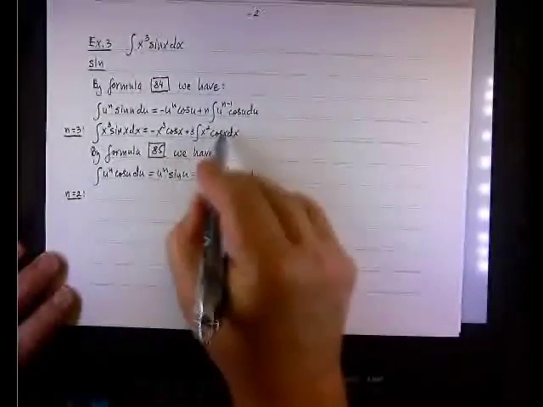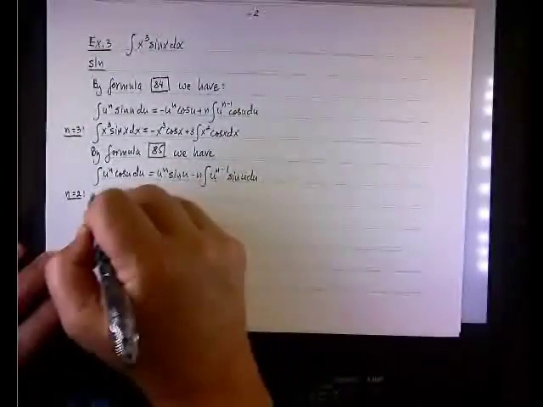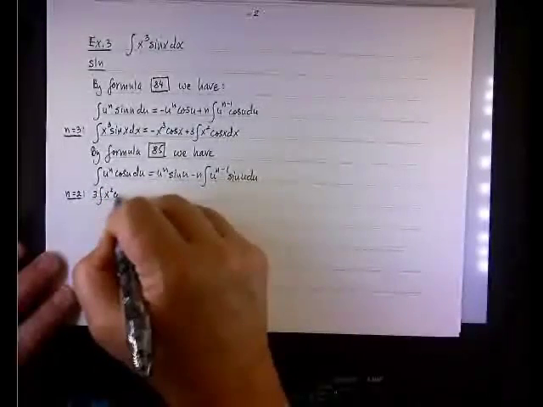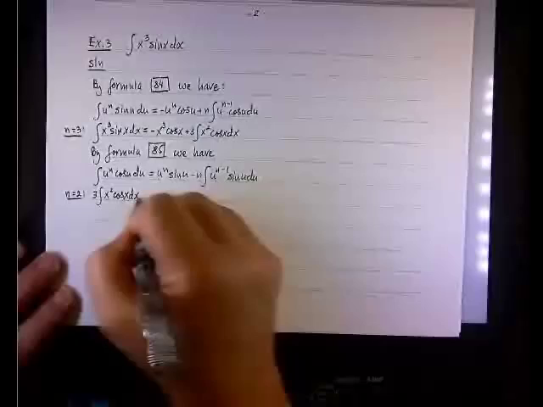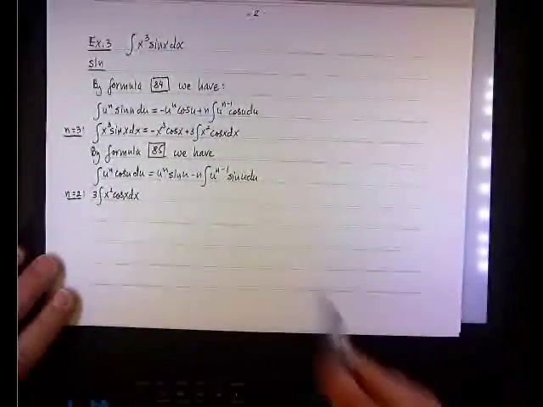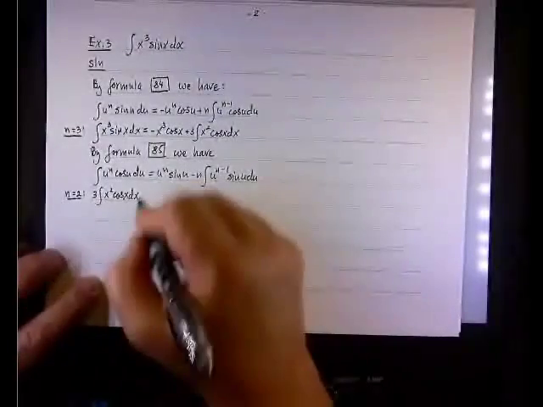So we're looking at 3 times the integral of x squared cosine x. So we need to change u to x, n to 2, and then multiply everything by 3.